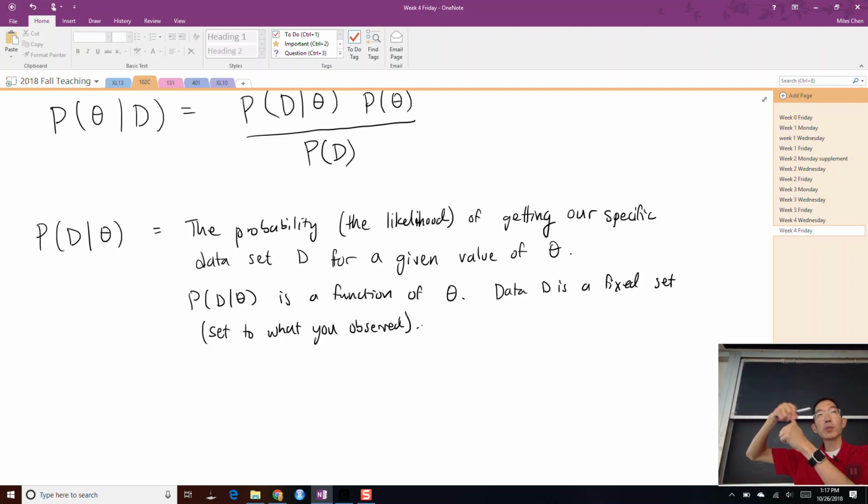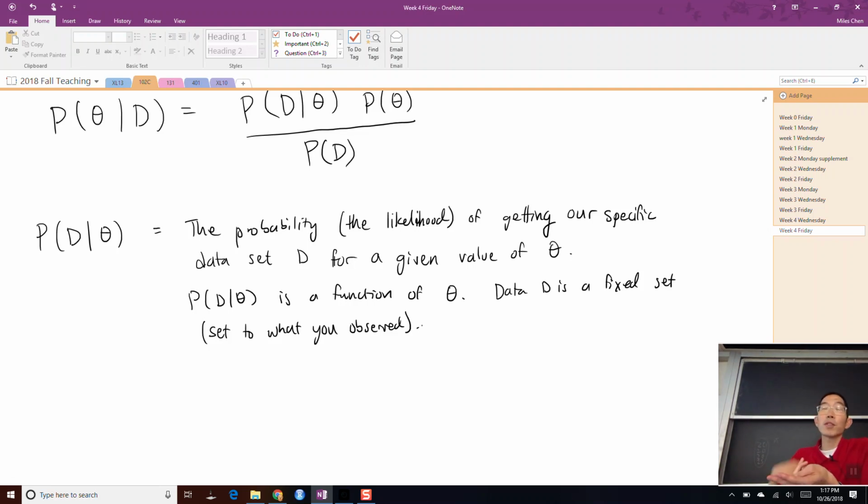If that parameter that we're trying to figure out changes, how would that affect the probability of my data here? So let's say you've observed two heads. You flipped the coin twice and you got two heads. So now the question is, what's the probability of getting two heads for a different value of theta?